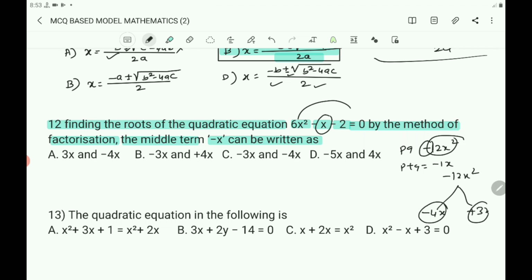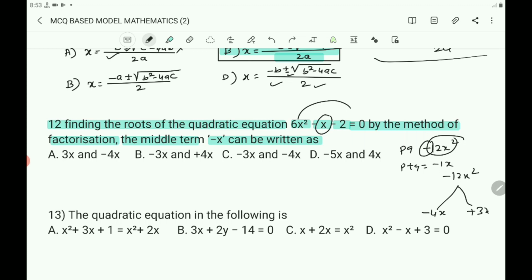Minus 4x plus 3x is minus 1x, and the product of minus 4x and 3x is minus 12x square. Here you must know the table, and also you must think about the sign. As the product is having a negative sign, the signs of the factors are different, and the greater factor is having the sign of the middle term.